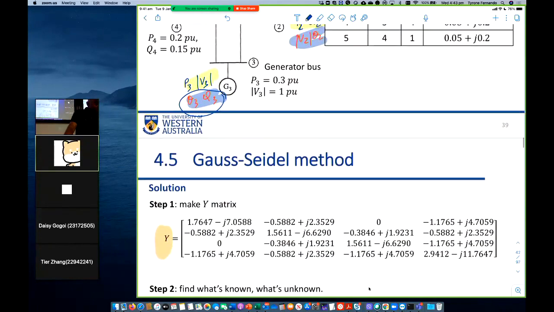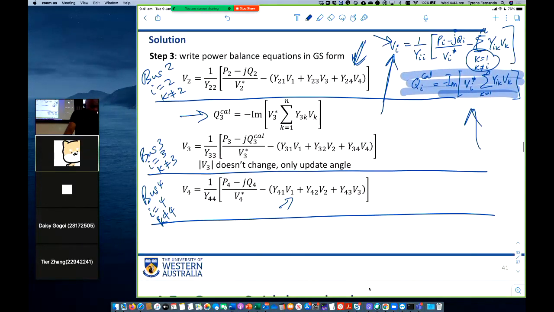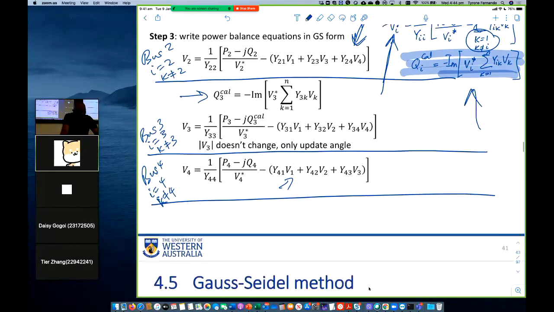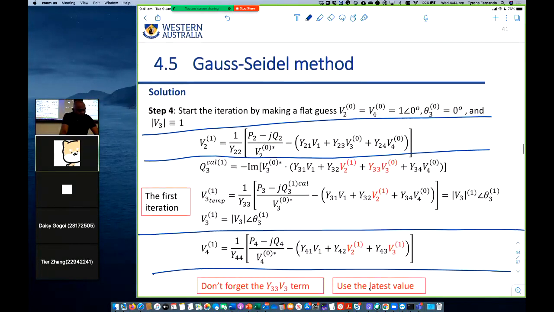Here I have clearly said what needs to be done and how you identify the value of I, with the constraint that K cannot equal I. When you write down the equation, you incorporate the constraint and the relevant bus label. So once you have these equations, now it's trivial.